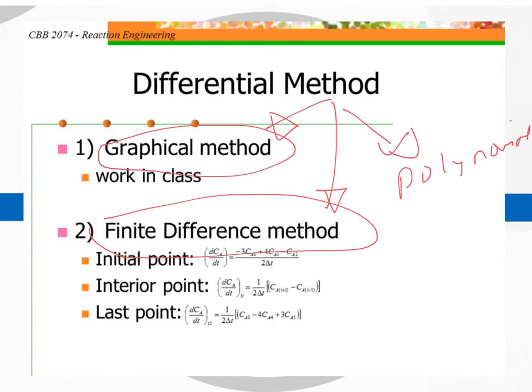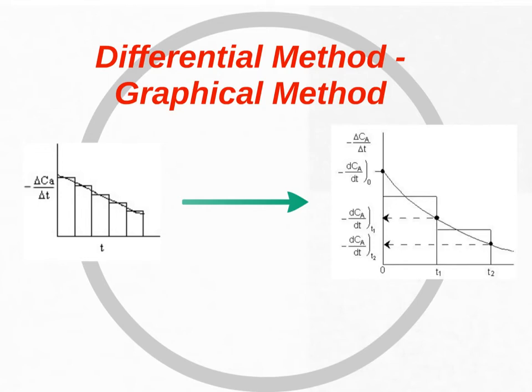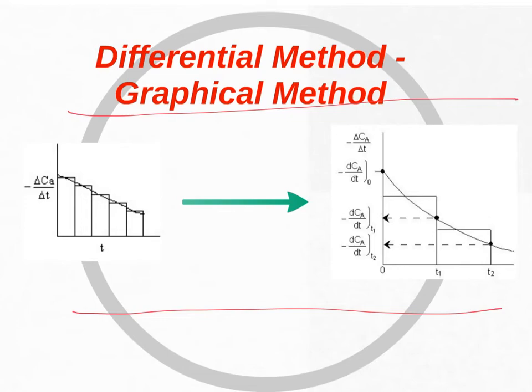So we will look into the graphical method as we work in class, and the finite difference method. In order for you to calculate dCA by dt, there are several formulas that you can use, which we will also address in class. I will address this graphical method in class afterwards.